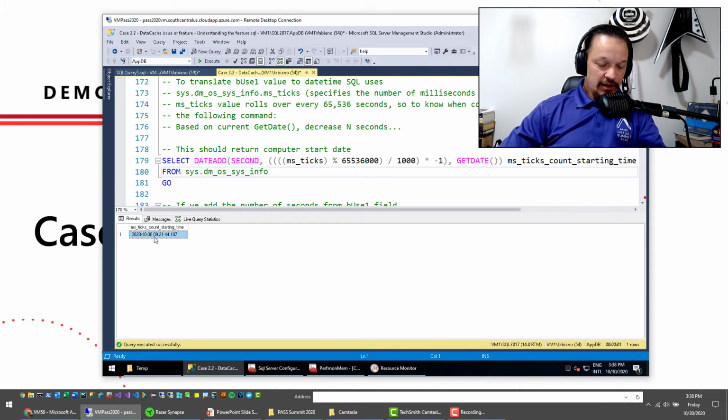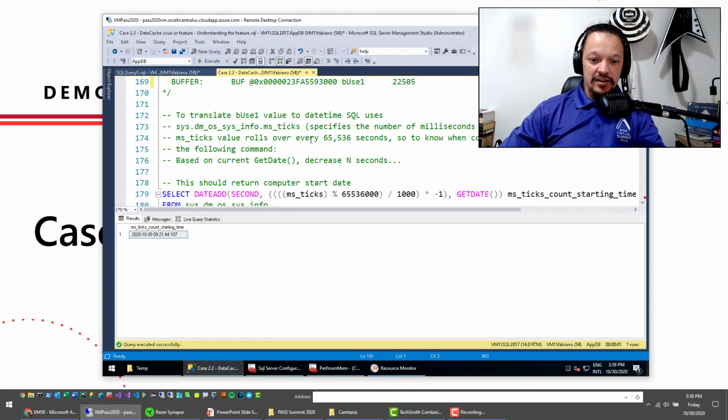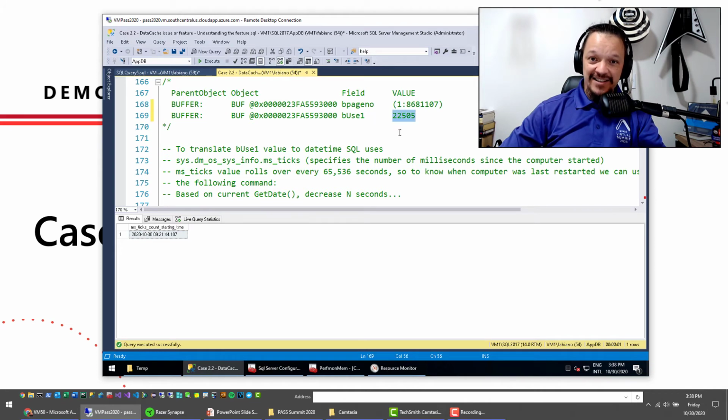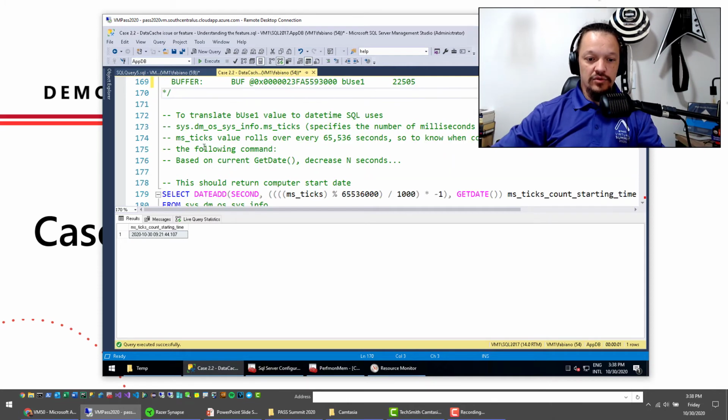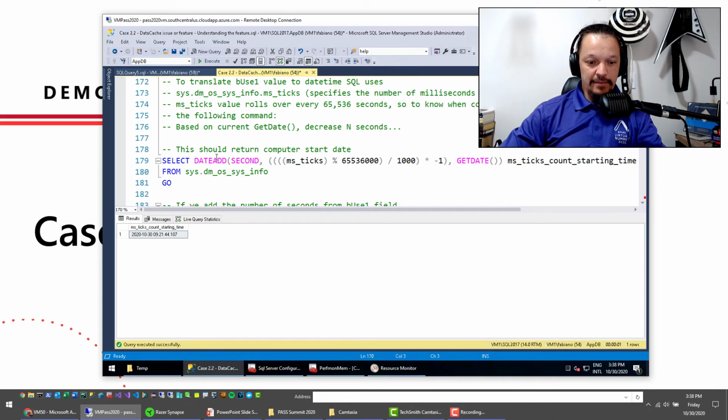So in that case here, I started that VM at 9:21 a.m. And based on this, if we add this number of seconds, we will have the timestamp, right? So it relies on this column to do the math and calculate the timestamp.